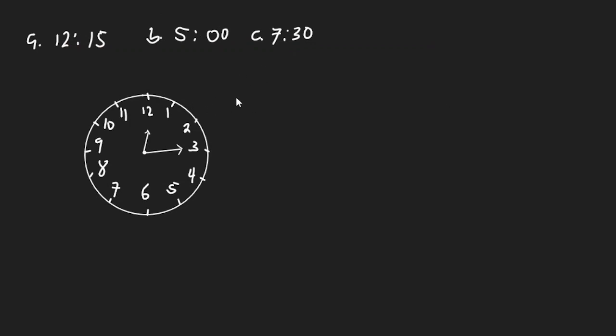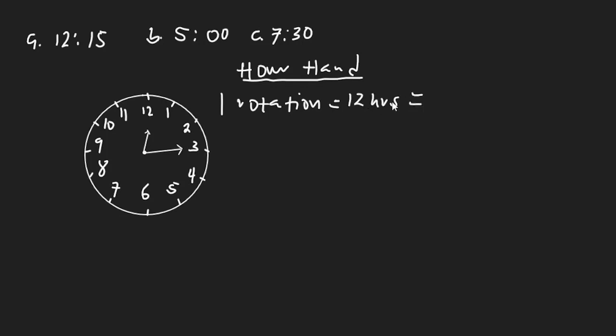So in terms of the hour hand, we know that one rotation is giving us 12 hours. When we move from 1 up to 12, one rotation gives us 12 hours, which is equivalent to 360 degrees. We know that one rotation in terms of angles is also 360 degrees.